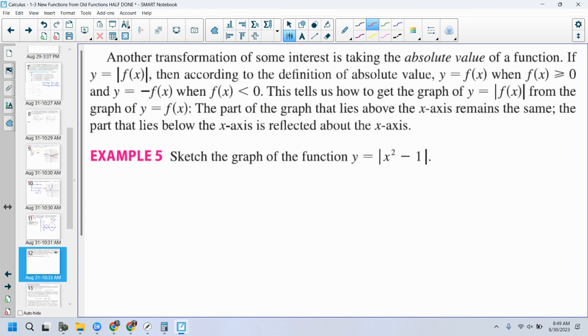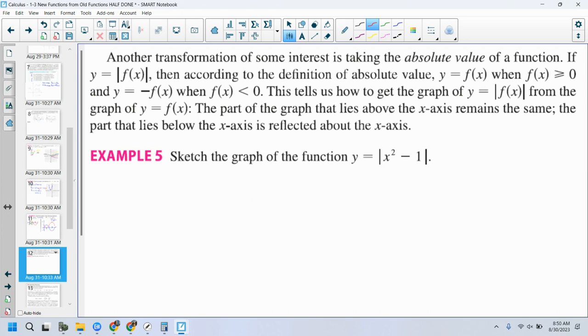Another transformation of some interest is taking the absolute value of a function. If y is equal to the absolute value of f of x, then according to the definition of the absolute value, y is equal to f of x when all the y values are greater than 0, and it's equal to negative f of x when f of x was less than 0.